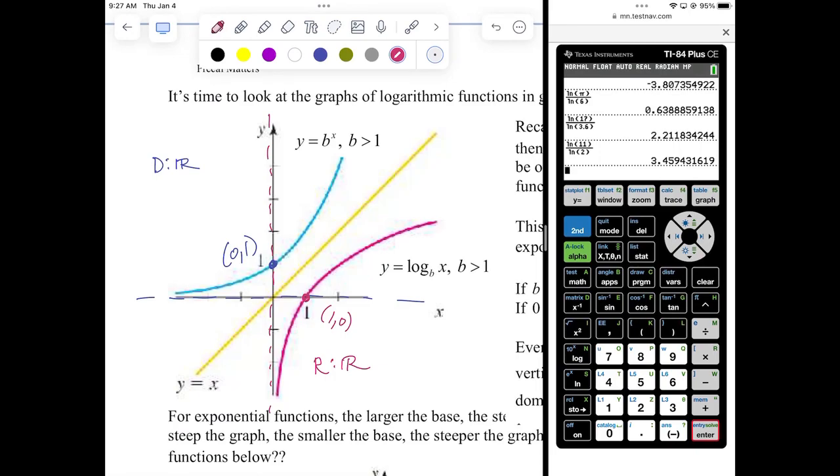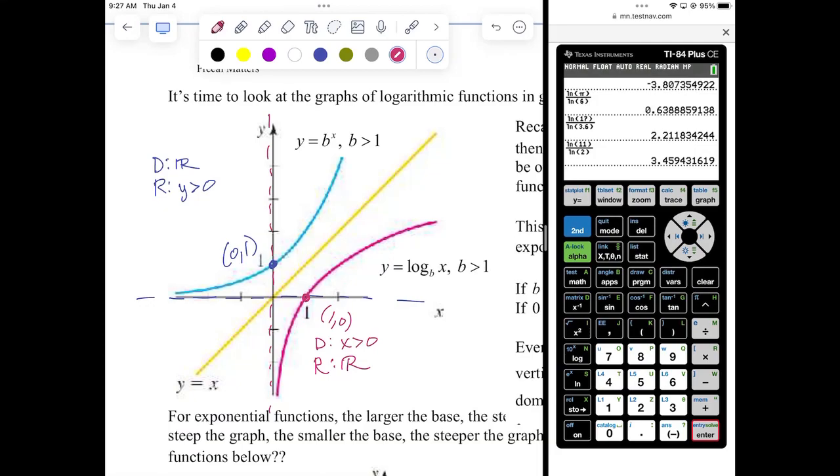Your logs have ranges of all real numbers. And what's the range of the exponentials? Anything greater than 0, all y values greater than 0. Guess what the domain is of logs? Not y values, but all x values greater than 0.